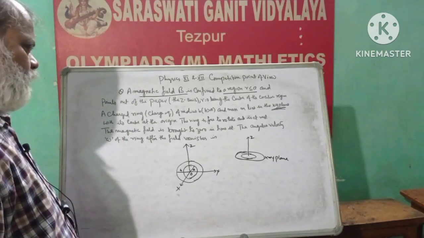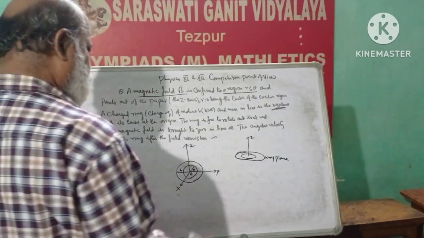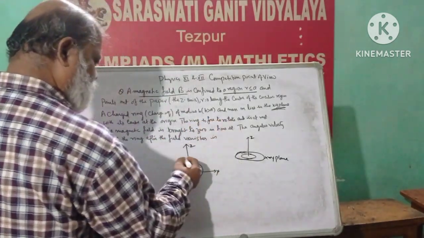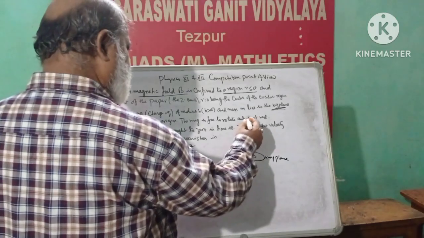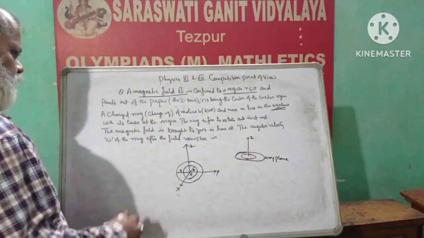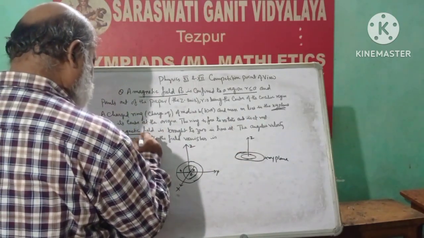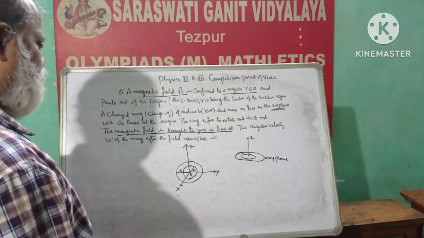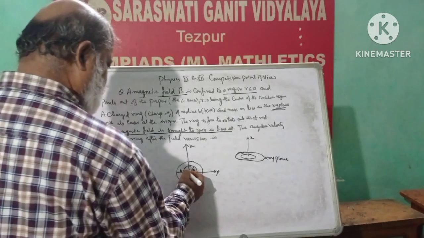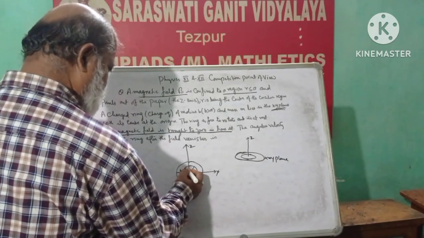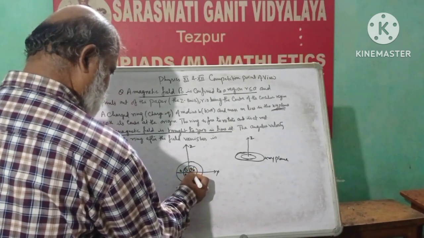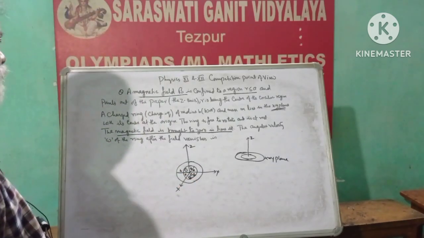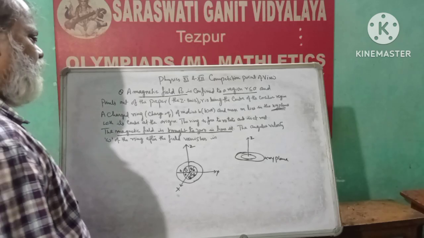Next you see that the ring is free to rotate and is at rest. The magnetic field is brought to 0 in time delta t. Your magnetic field is out of the paper, and it is brought to 0 in time delta t.